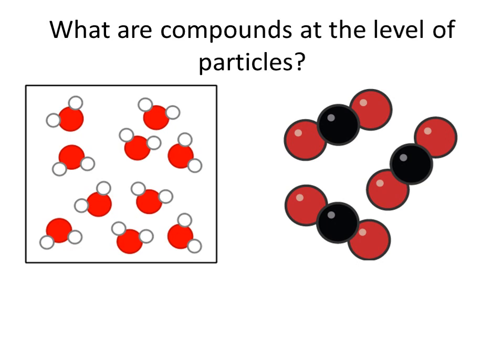Let's take one particle. As you can see, all the particles are identical, but each particle is made up of two kinds of atoms. So a compound is a pure substance that is made up of two or more kinds of atoms that are chemically combined.